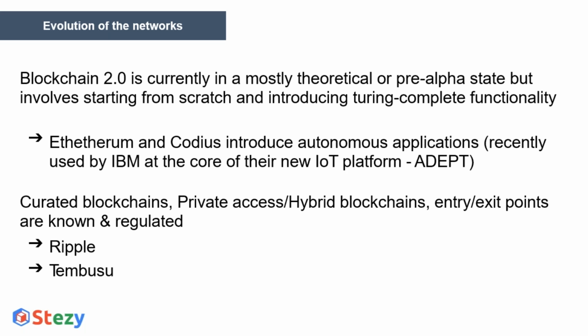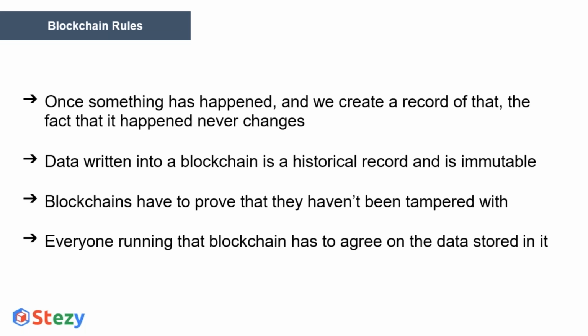Companies like IBM, which has partnered with the Linux Foundation, came out with Hyperledger, with different versions such as Fabric, Sawtooth, Indy, Iroha, different blockchains for different verticals.